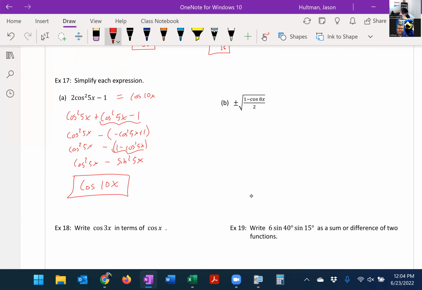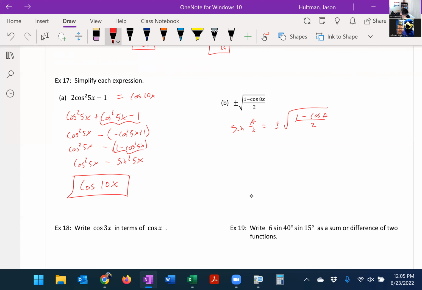What is this thing? Well, this is just the sine half angle formula. So sine of a over 2 is equal to plus or minus square root of 1 minus cosine of a, all over 2.